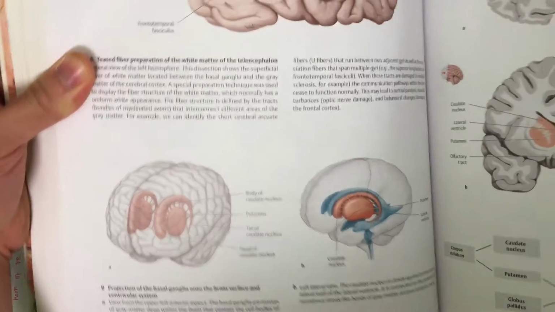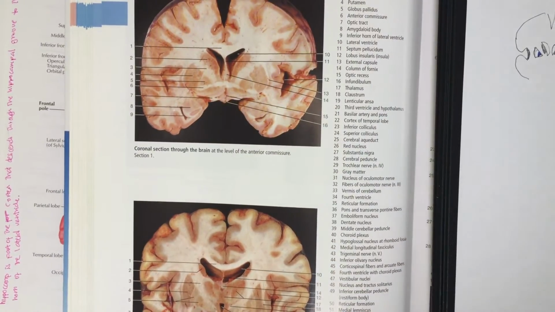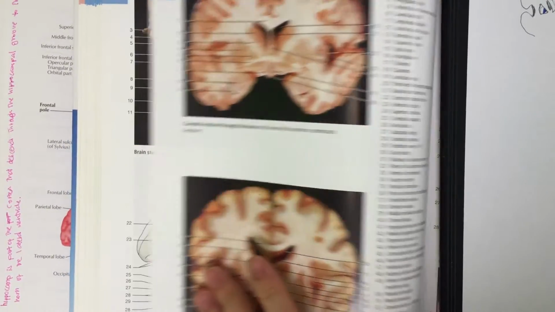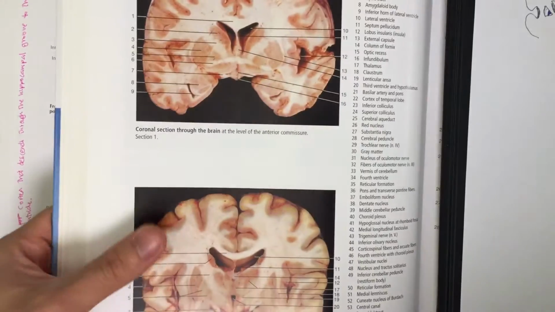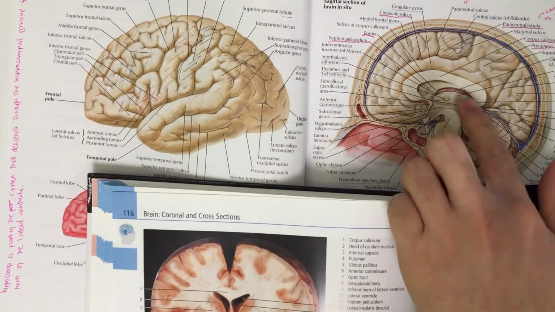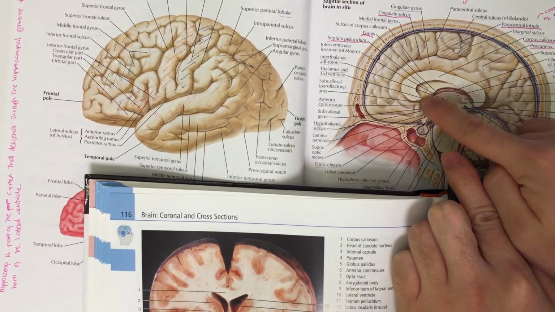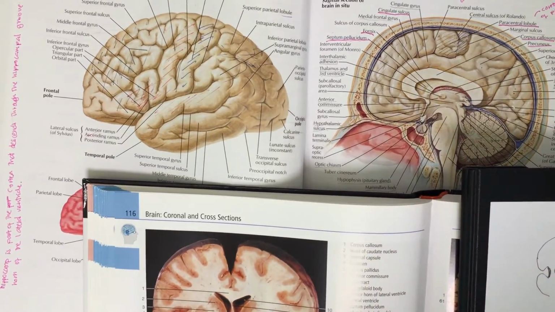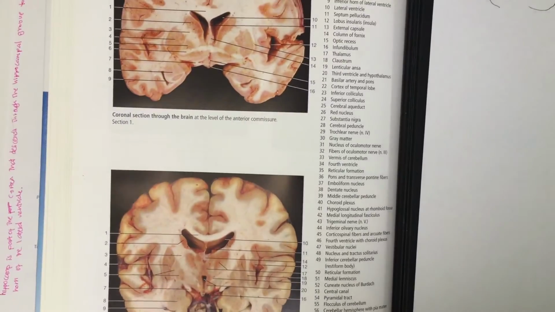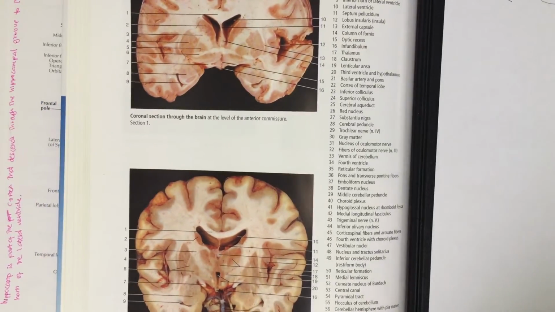Also, the thalamus wasn't there yet, because here is where the third ventricle is, and this is anterior to the thalamus. Now in this posterior cross section, you're going to be able to see the thalamus.